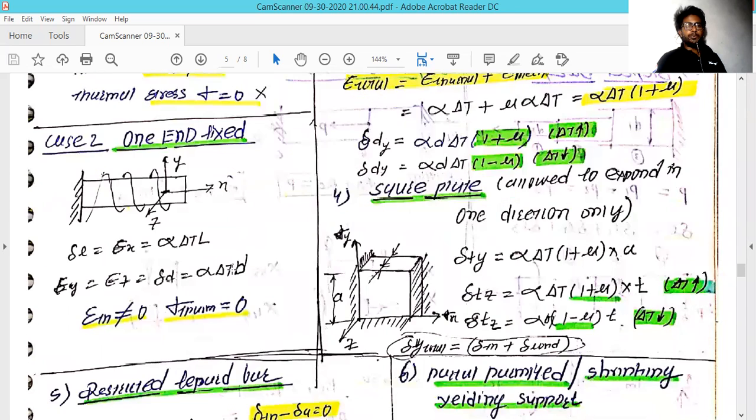Now we move to the second case. In this case, one end of the rod is fixed to the surface. So the rod has one free surface and one restricted surface. If you heat or cool it, in this condition also there will be no restriction, because if you heat that rod, it will expand in diameter as well as length, since it has a lot of open space.